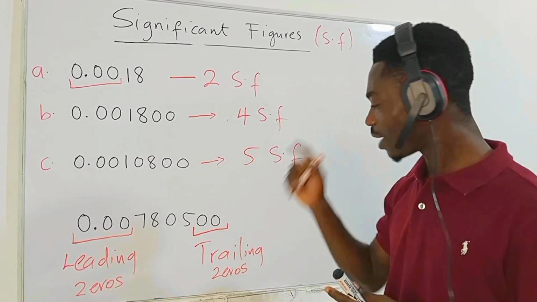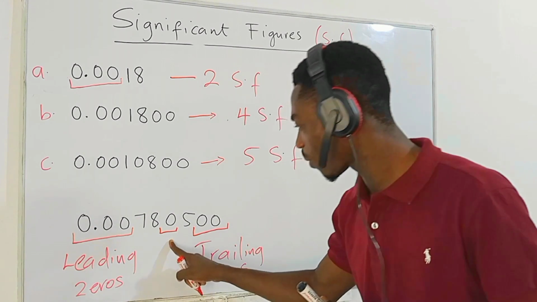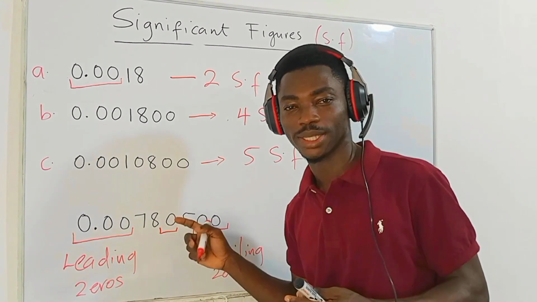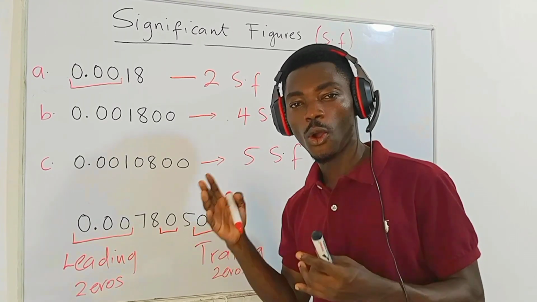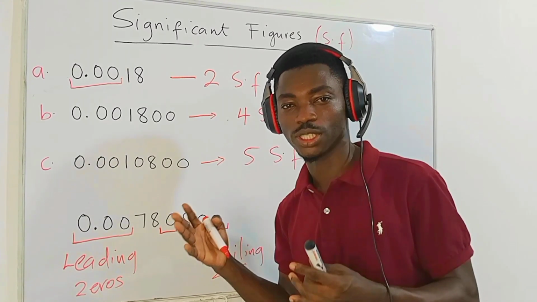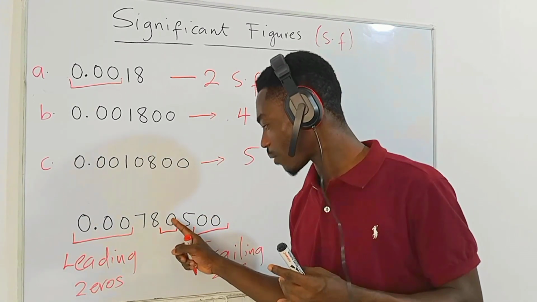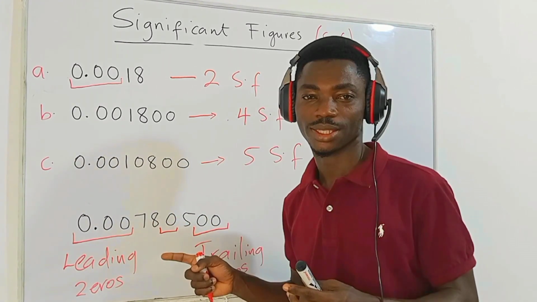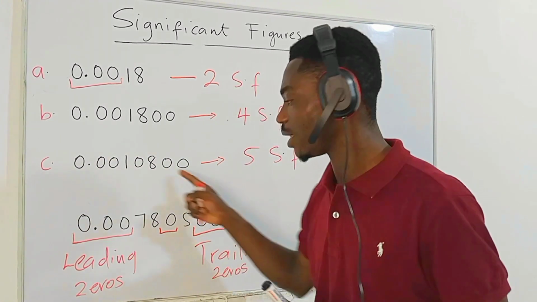All right. Now let's consider this 0 right here. This 0 is between two non-zero numbers, that is 8 and 5. This is to say that all zeros between two non-zero numbers are significant. Therefore, this zero is also significant. But the question is, how many significant figures do we have in this number?